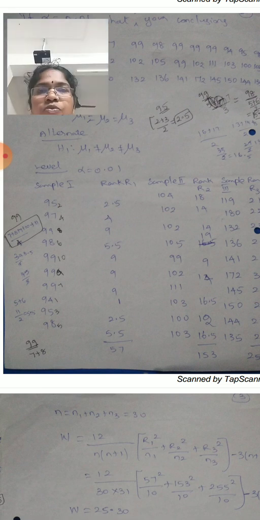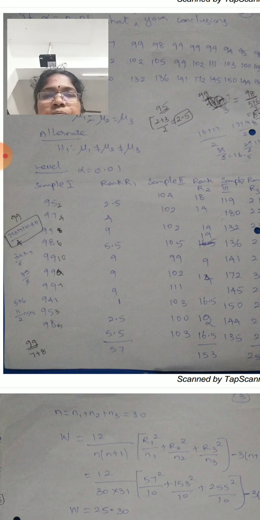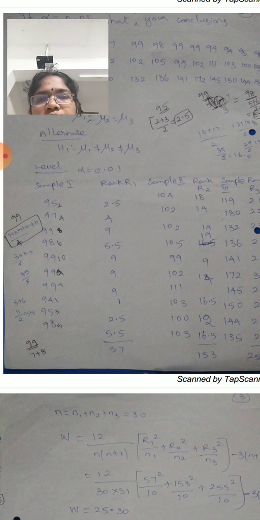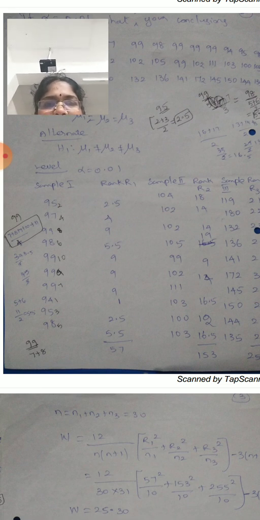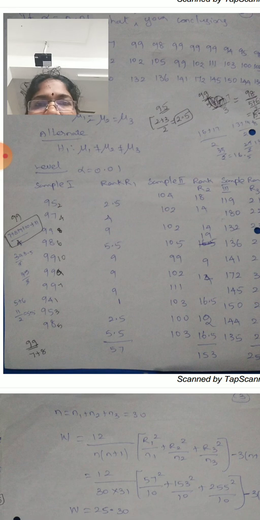Therefore 7 plus 8 plus 9 plus 10 plus 11 divided by 5. Therefore the answer is that the rank of 99 is 9. Then R1 is finished for sample 1.